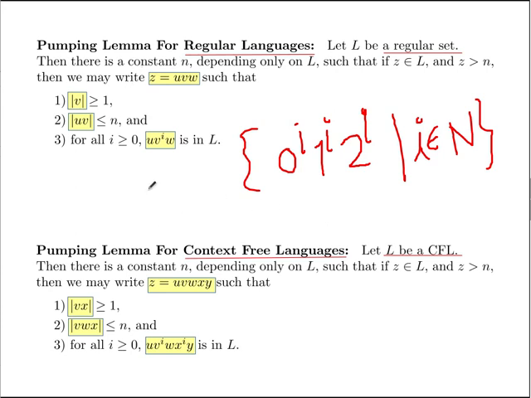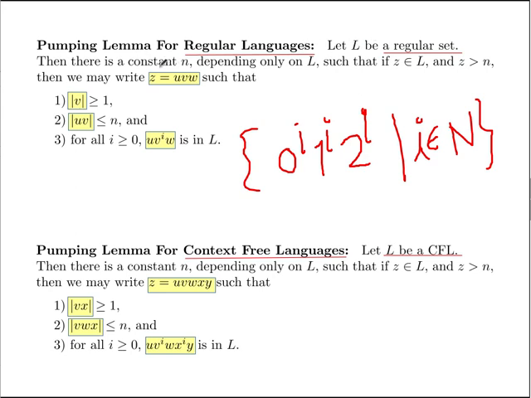If you compare this with the pumping lemma for regular languages, they have a very similar structure. So what does the pumping lemma for regular languages say? If L is a regular language, then there exists a constant n which only depends on L. We call this the pumping lemma constant.